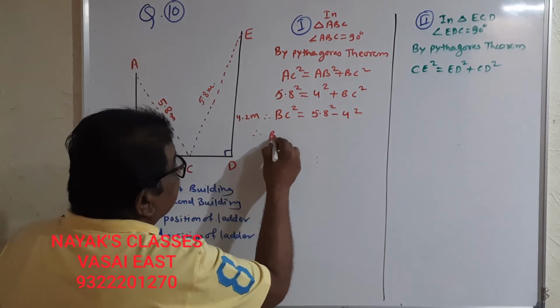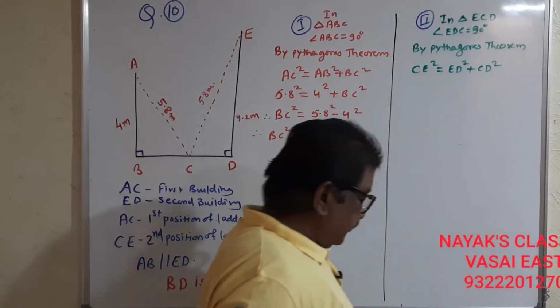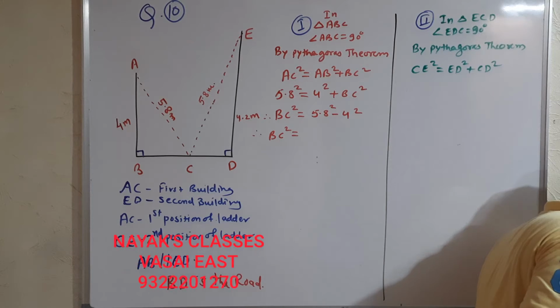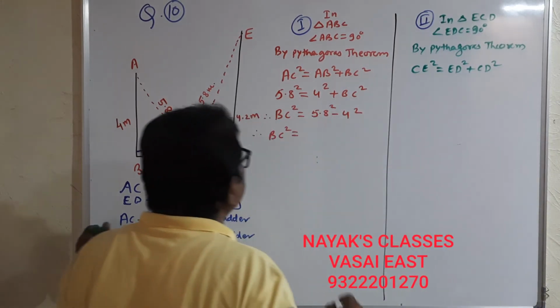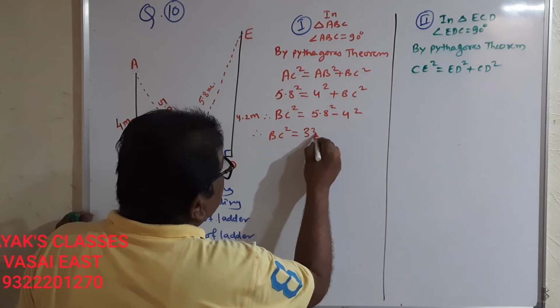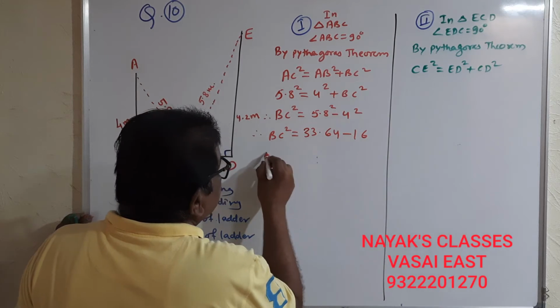Therefore, BC square is equal to 5.8 the whole square, it comes 33.64 minus 16.